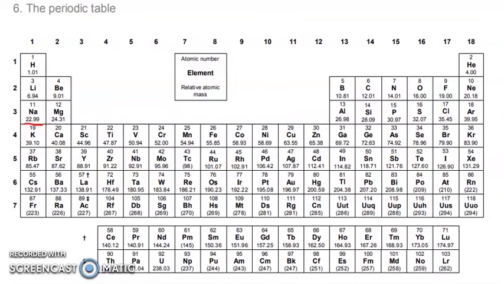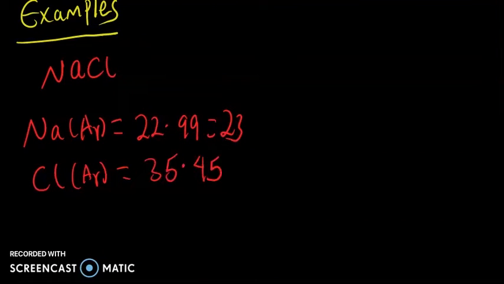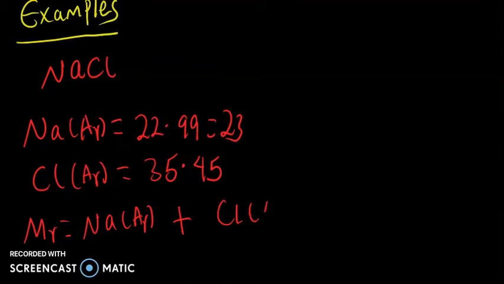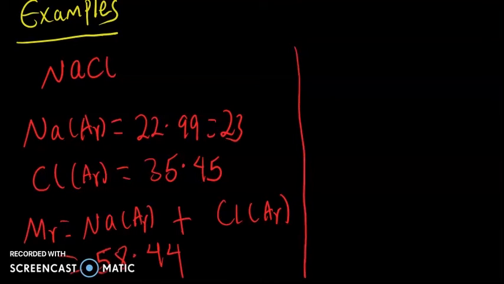Chlorine is the 17th element on the periodic table, and its relative atomic mass is 35.45. To get the relative formula mass, you simply add sodium's relative atomic mass plus chlorine's relative atomic mass. That will give you 58.44.